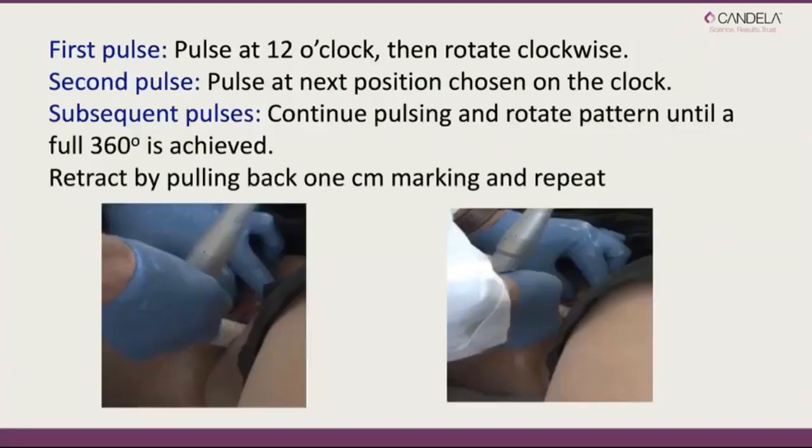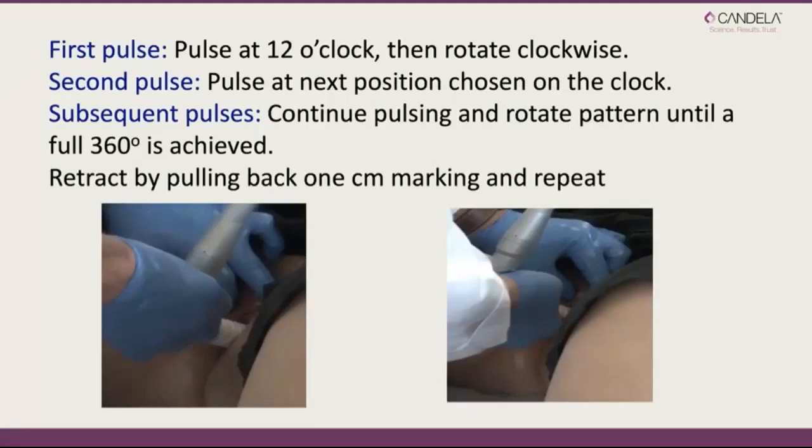And then we pulse once at this 12 o'clock position, and we rotate clockwise. And then we pulse at that position on the clock, and then we rotate again. And we continue pulsing and rotating until we've made a complete 360-degree treatment at that deepest level in the vaginal vault. And then we pull back the handpiece 1 centimeter.